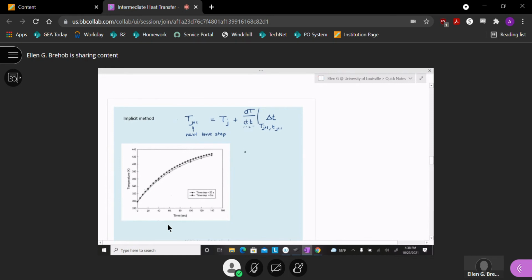All right. So the benefit, you'll see that this is harder to solve because we're going to have more unknowns. So you cannot explicitly solve. You're going to have, not just a single unknown in your equation. You're going to have multiple unknowns in the equation. But the bonus you get is that this is stable.